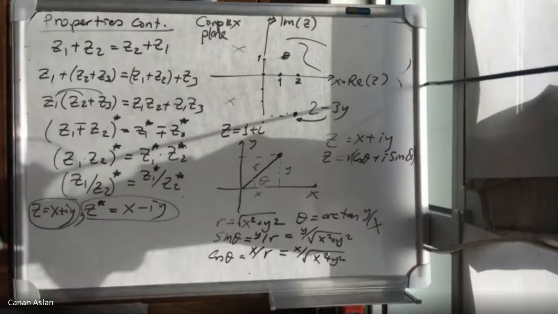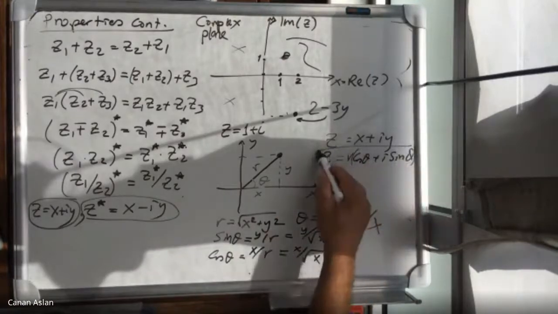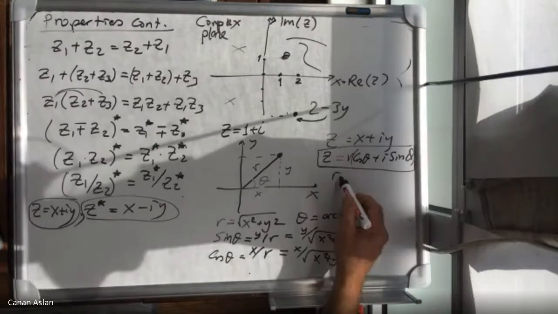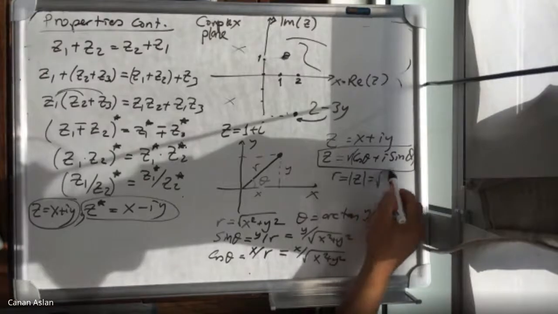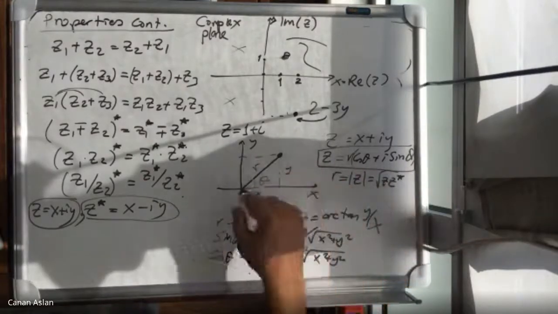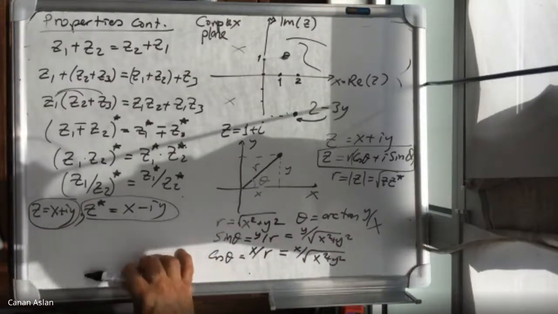So this is just z as a function of angles. But r also, this is very important, so we will use this often. r is nothing but the magnitude of z, which is just the square root of z times z star. So these are the geometrical properties of the complex numbers.